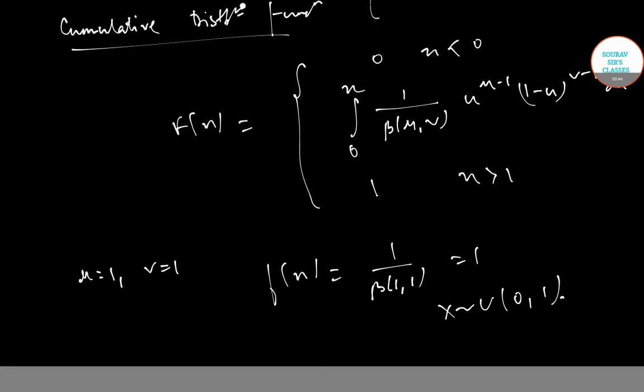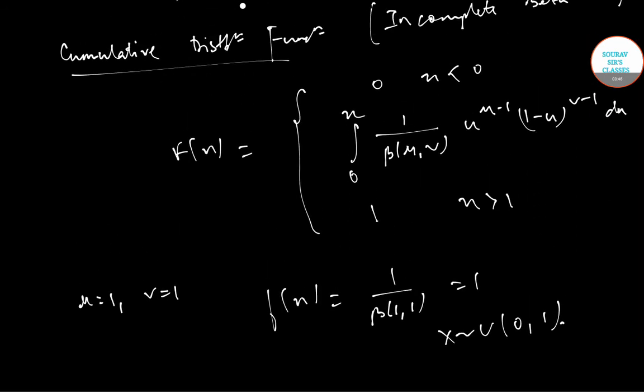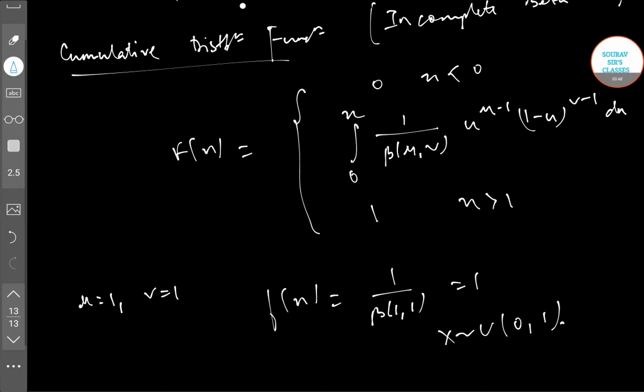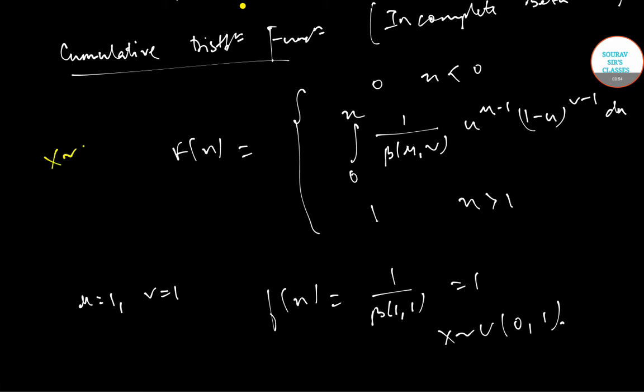And one more result is that if x follows beta 1 (mu, v), then 1 minus x follows beta 1 (v, mu).